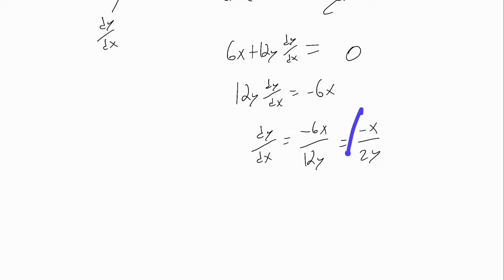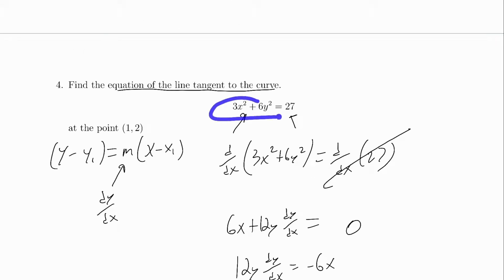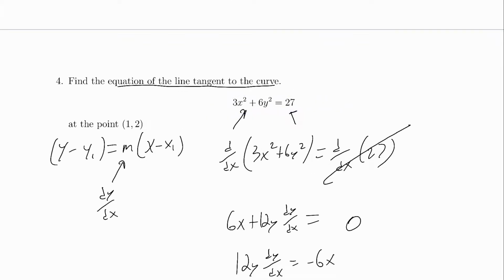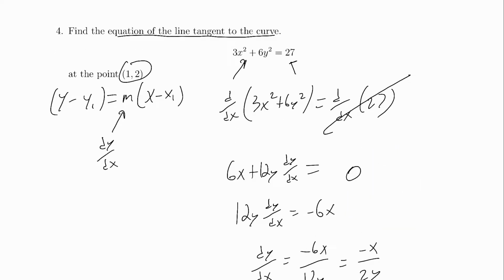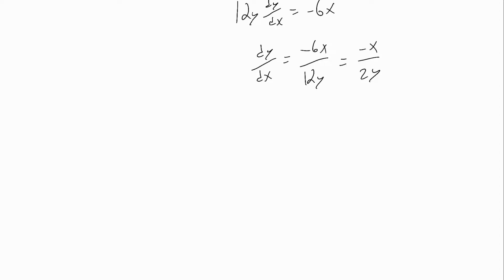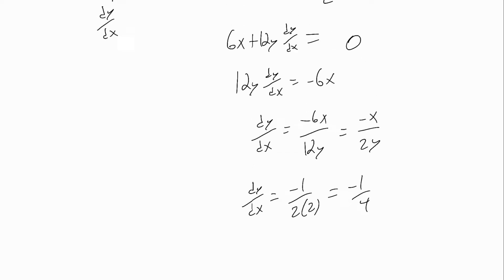What this means, the fact that this is dy dx, means that on this curve here, if you give me an xy pair, I can plug in the x and the y here, and that will tell me the slope of the tangent line. Here's an xy pair. Let's plug those in. So we're going to find that at our given point, dy dx equals minus 1 over 2 times 2. That's minus 1/4.